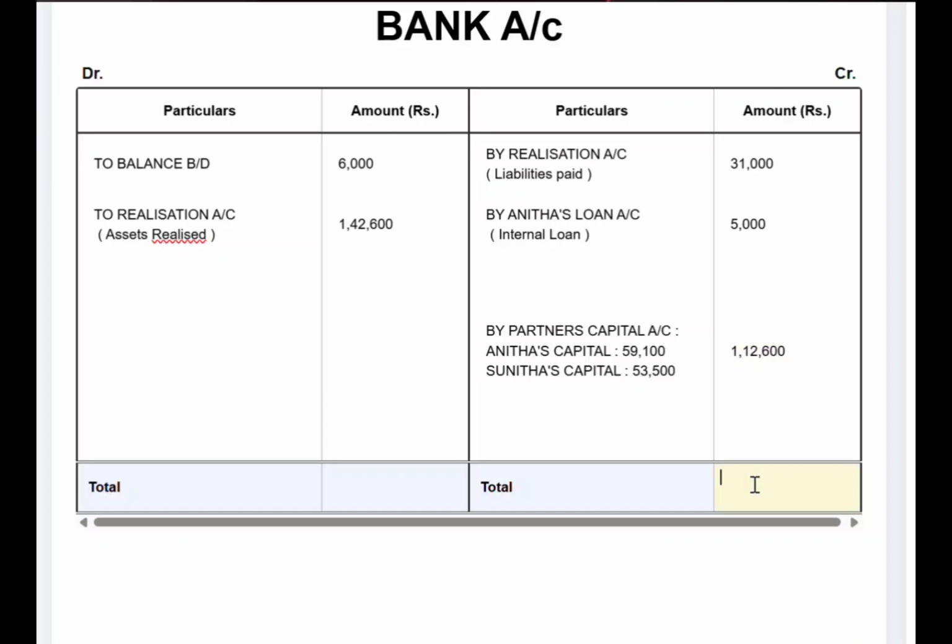So now, after all the entries are done, find the total of the bank account. The total will be 1,48,600. So the credit side as well as the debit side will be the same total, 1,48,600. So this is the bank account prepared under this particular sum.